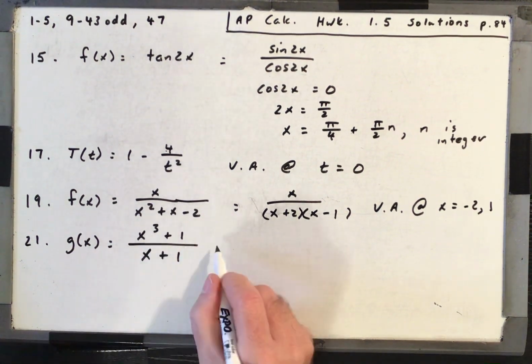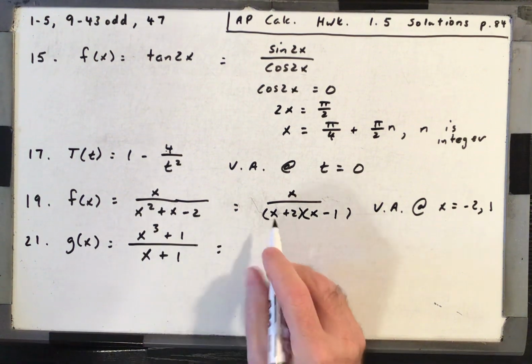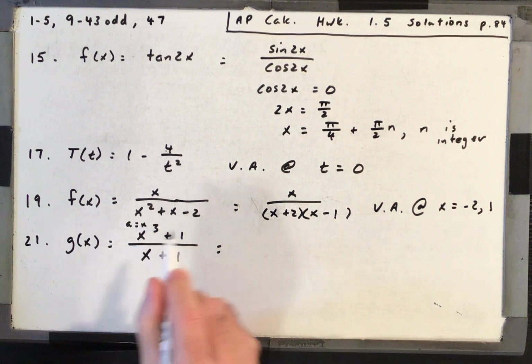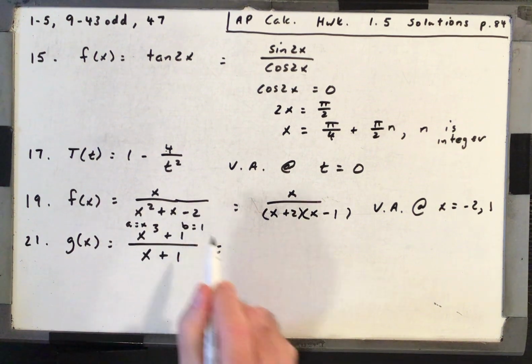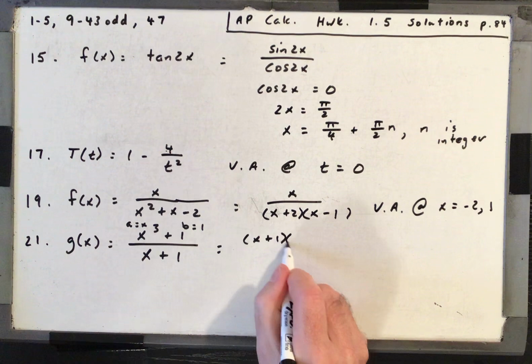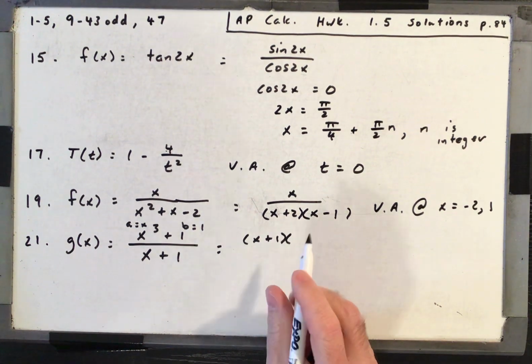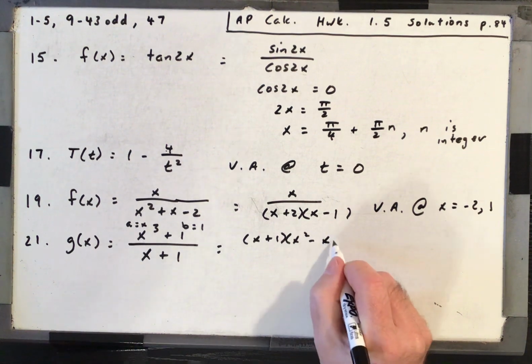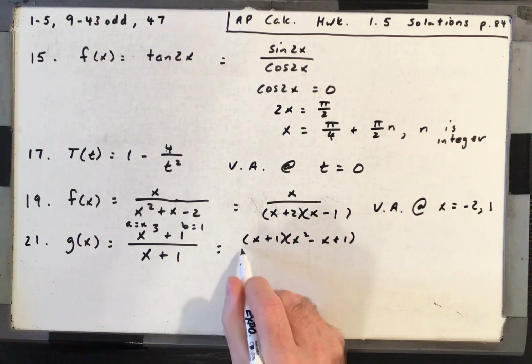Okay, that is perfect cubes. That will factor with a equal to x and b equal to 1. So that will factor into x plus 1 times x squared minus x plus 1. You can look back in your notes and see that formula.